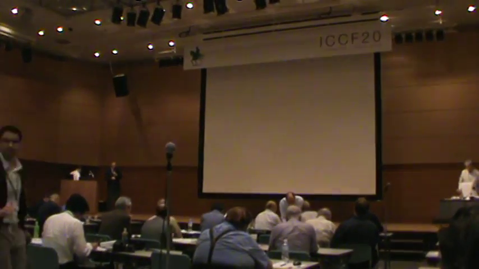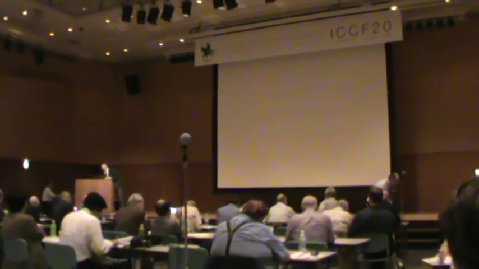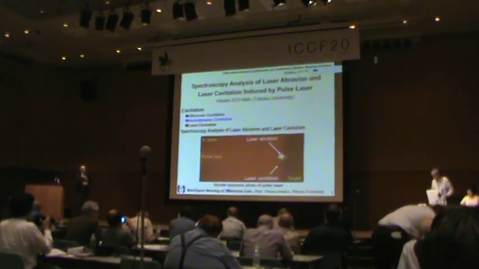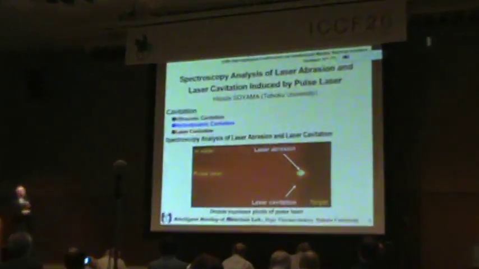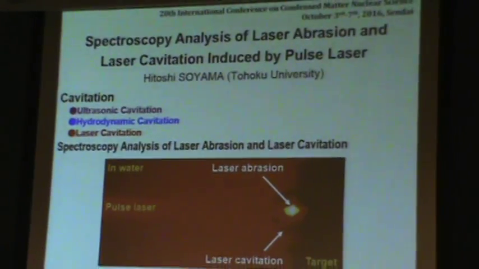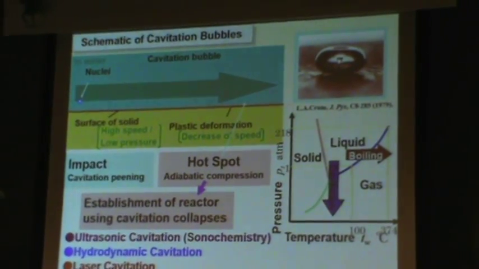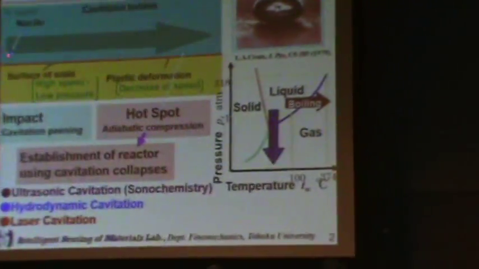Thank you, Mr. Chairman. Today I'd like to talk about laser cavitation. Before the laser, I'd like to talk about another cavitation. As you know, cavitation is a phase change phenomenon from liquid to vapor.